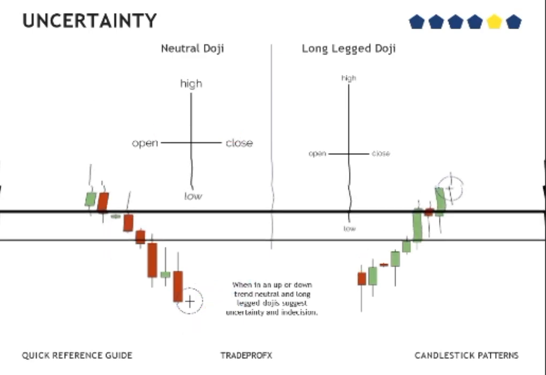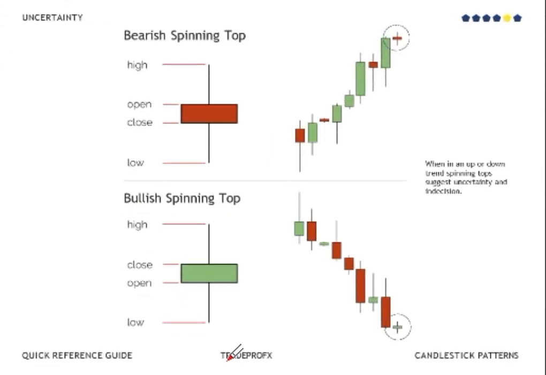The next point is the neutral candlesticks. Based on the bearish spinning top, spinning tops are candlesticks with small bodies, as you can see, and long wicks. A small body which has an open and close, and long wicks, usually on both sides, indicating uncertainty.